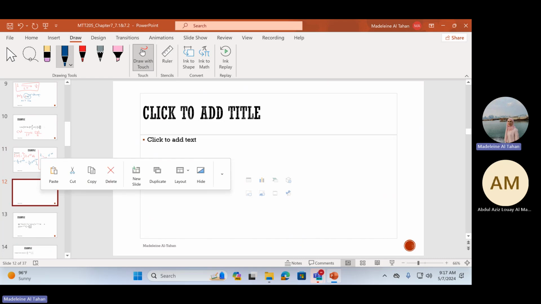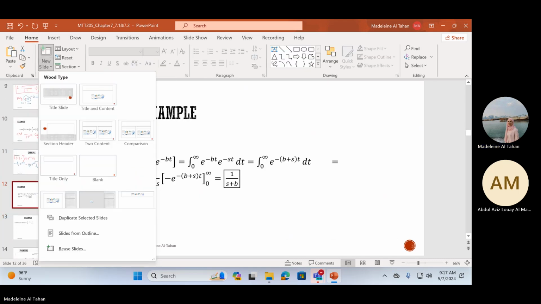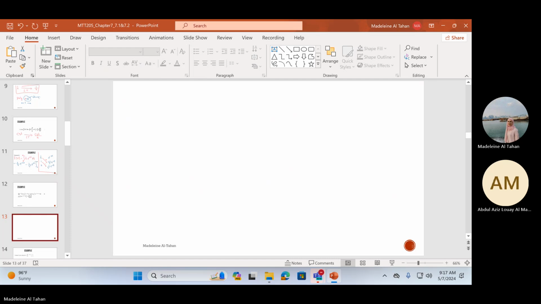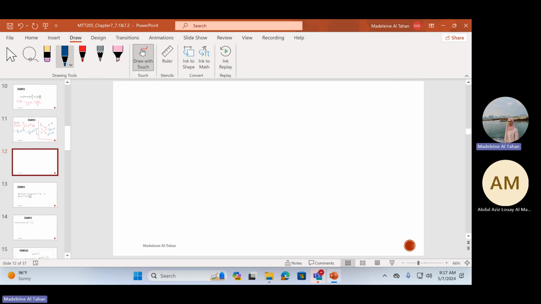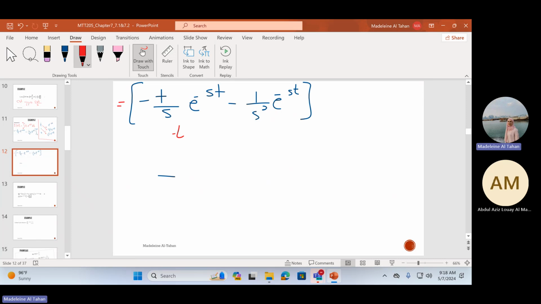We got this one as negative t over s, e minus st, minus 1 over s squared, e minus st. This one, t tends to infinity, we will get 0, minus 1 over s squared e power 0.